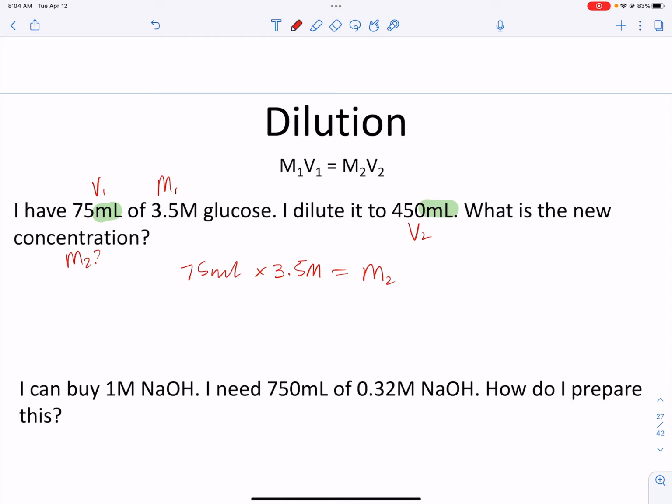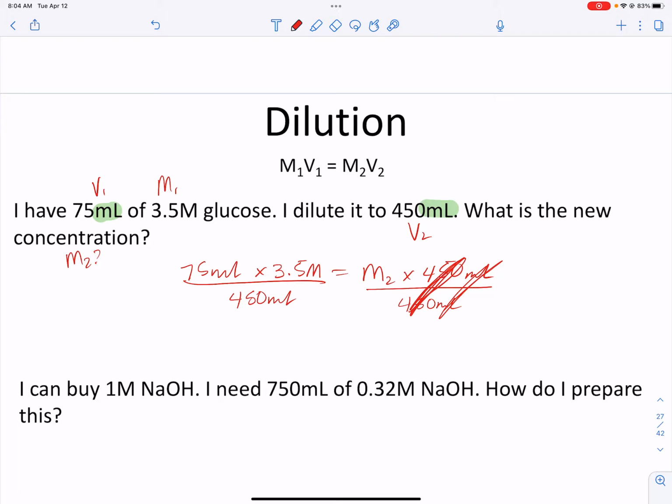So I'm just going to write M2 times 450 milliliters. So to solve for M2, I need to move the 450 over. So I'm going to divide both sides by 450. It cancels over here. All of it cancels.